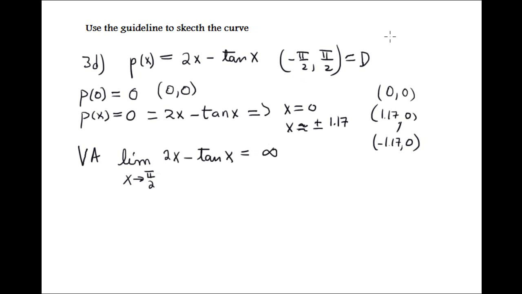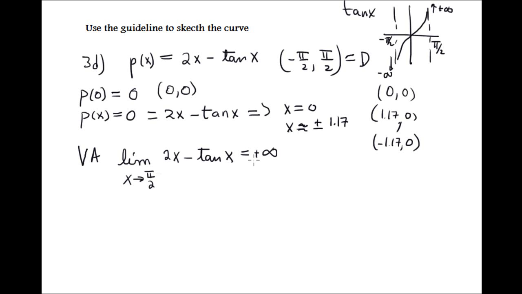Because I know the graph of the basic tangent looks like that. This is pi over 2, this is negative pi over 2. This approaches infinity, the y value positive, and this approaches infinity negative.